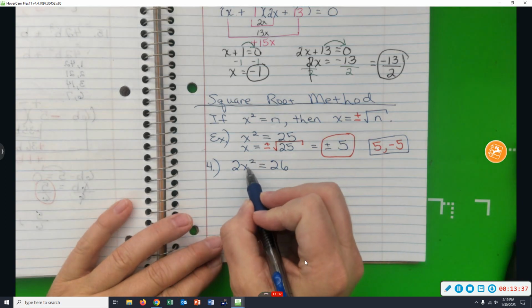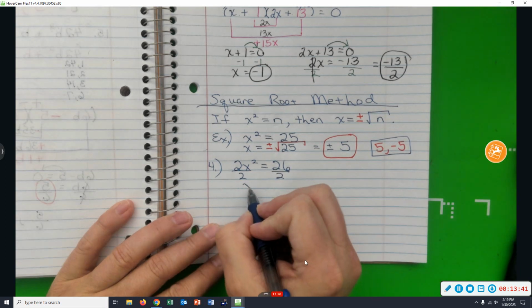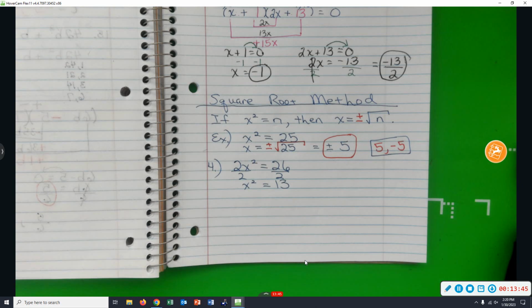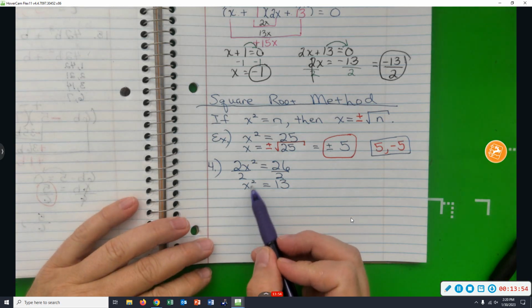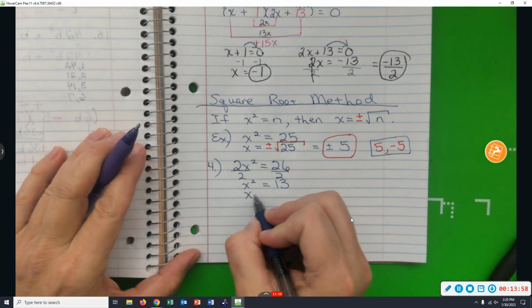So we can get that x squared by itself, divide by 2. To give us x squared is equal to 13. And now this is in the form that we wanted. Quantity squared equals a number. The thing being squared on the left, well, that's an x. So we drop the square.